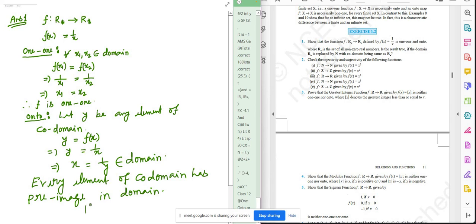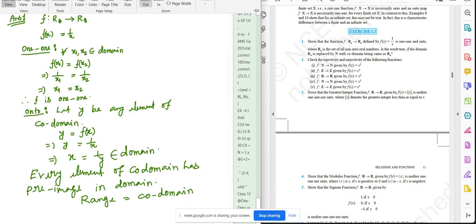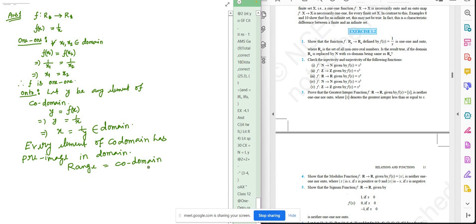It means range equals codomain. Do not forget to write the line range equals codomain, right? So if range equals codomain, therefore we can say that f is onto.